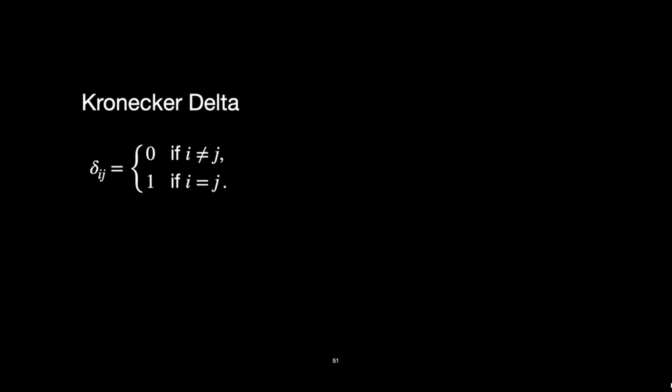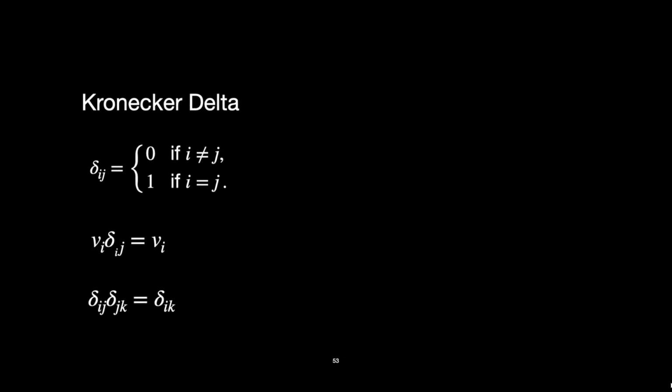And we're going to use it in our expressions to do things like this. For example, anything that has indices, v_i times delta_ij, is going to give us either 0 or v_i.